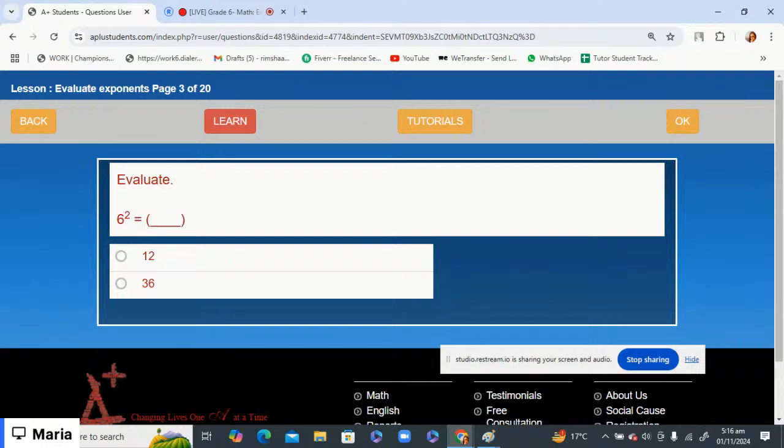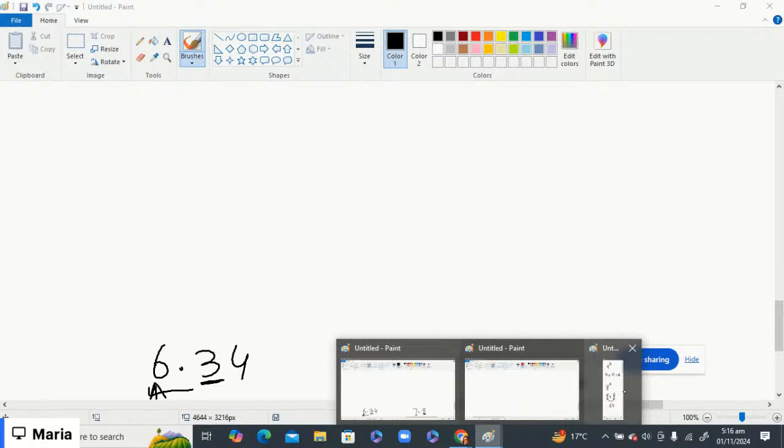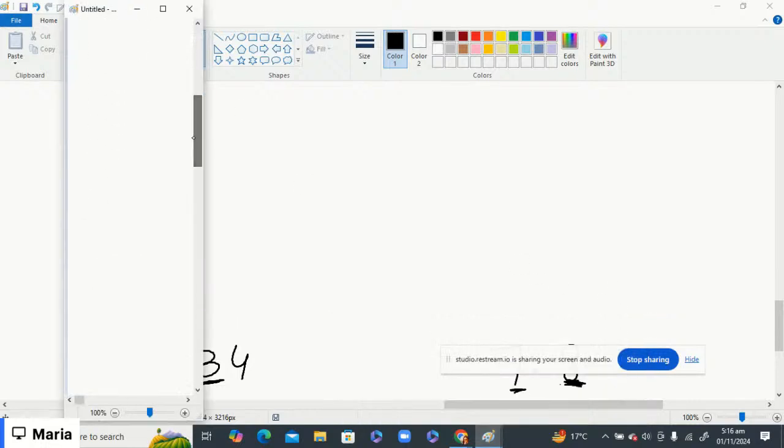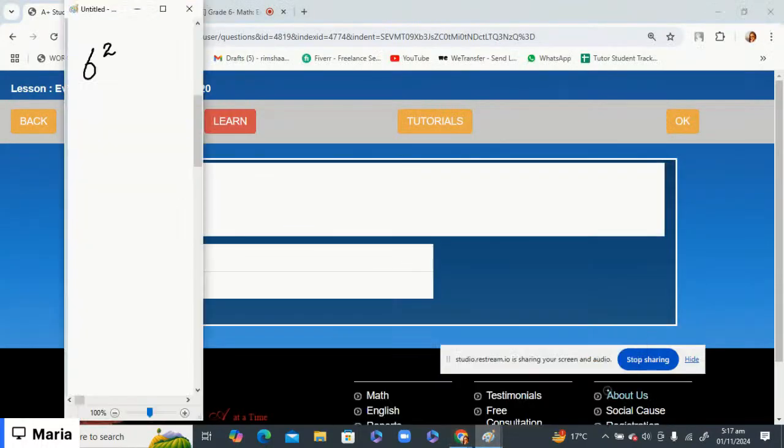Okay, now 6 power 2. How can we solve it? Everyone tell me this time. Now I'm not going to solve it, okay? Everyone, solve it. 6 power 2. So, how can we solve?